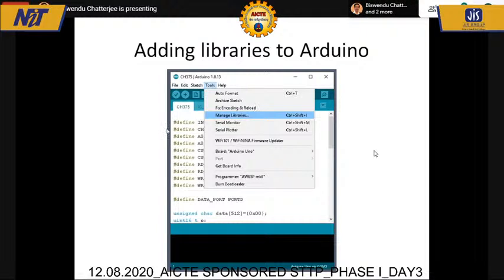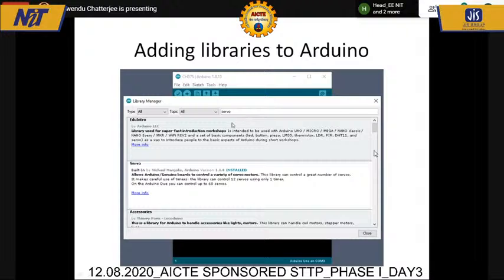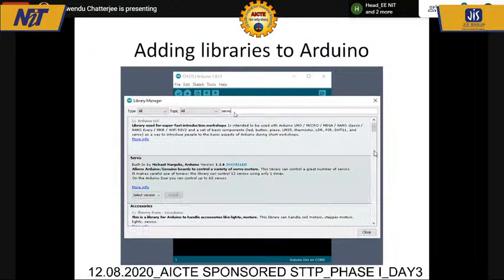If you click on Manage Libraries, this window will open up. In this window, you can type the library you want, press enter, and it will show you whether that library is available or not. Obviously, a net connection is required.